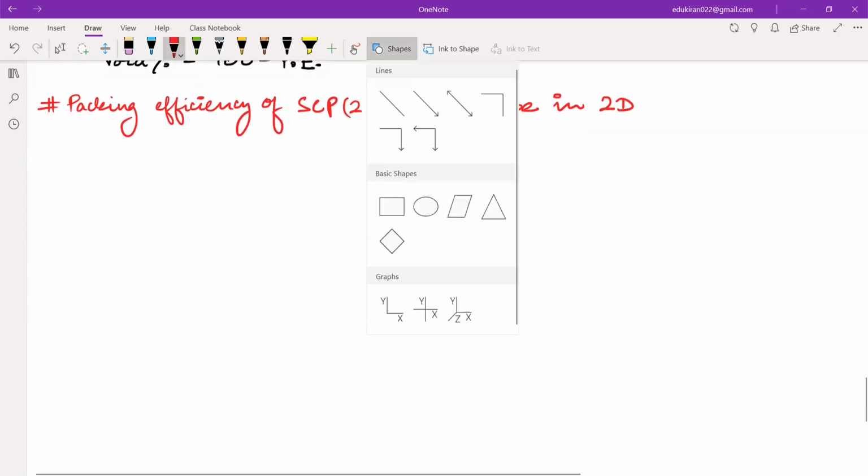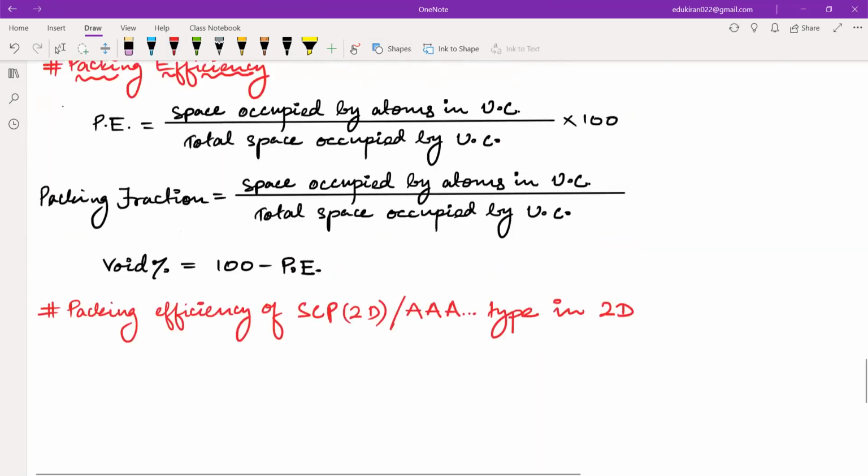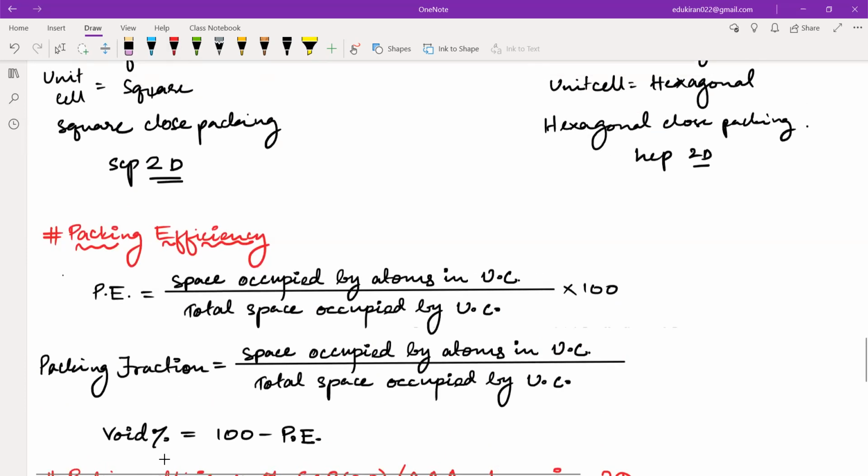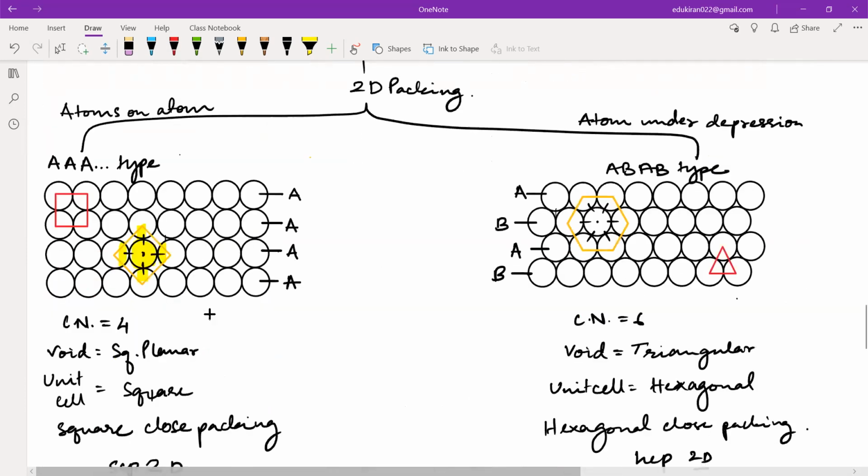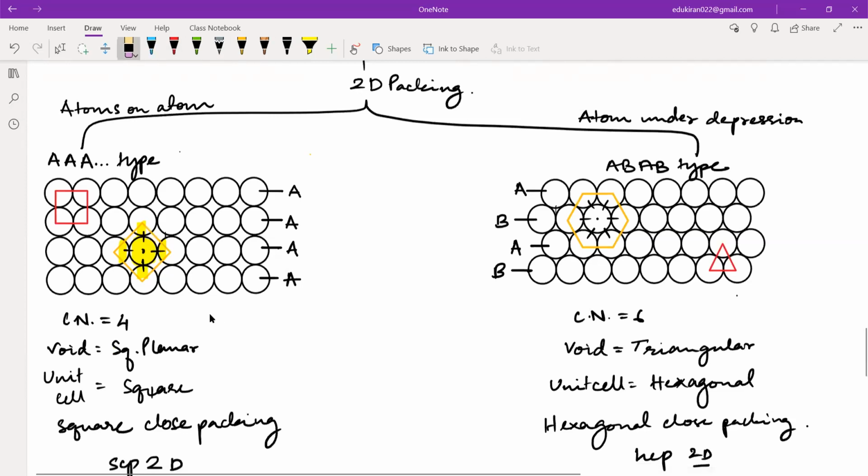For this, first of all, we have to take the unit cell. Let me take the unit cell. Let me erase a few things.